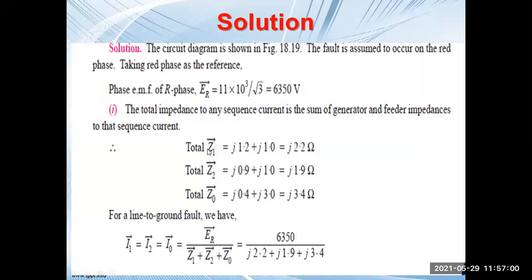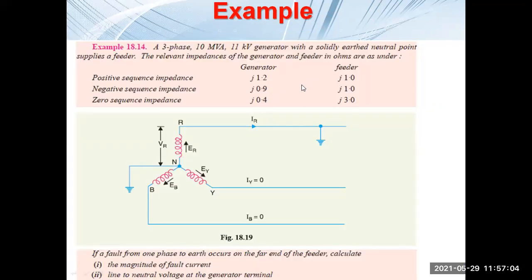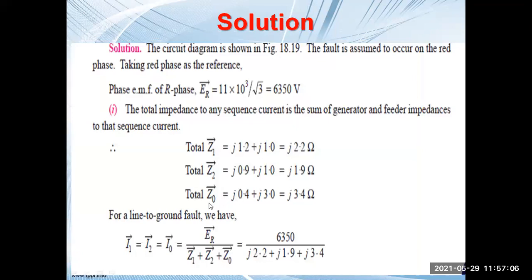So Z1 equal to this, we have summed up these values. Now for the line to ground fault, I1 equal to I2 equal to I0 equal to ER by Z1 plus Z2 plus Z0. Yes or no? Please tell me. If you can remember, for the single line to ground fault, all sequence networks are connected in series. Can you remember that?